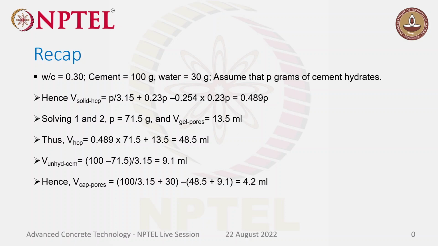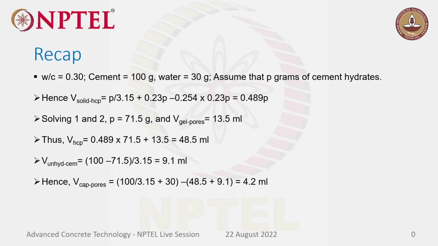And then how to calculate the capillary pores present? You have to understand that the capillary pores will be the space not filled with solids. First, the total amount of cement is 100 gram, which is divided by 3.15 to get the volume, plus the volume of water here. From that we subtract the total amount of hydration products, 48.5, plus the amount of unhydrated cement.